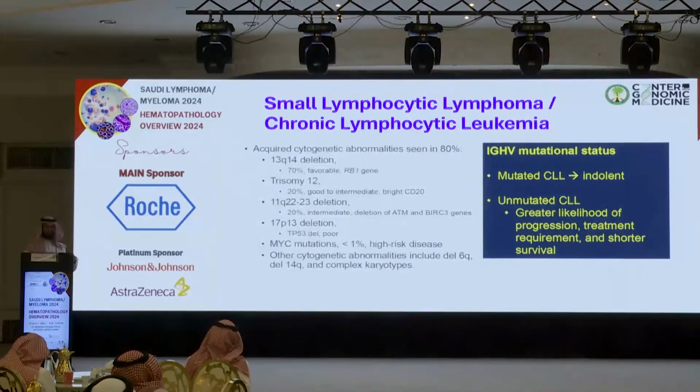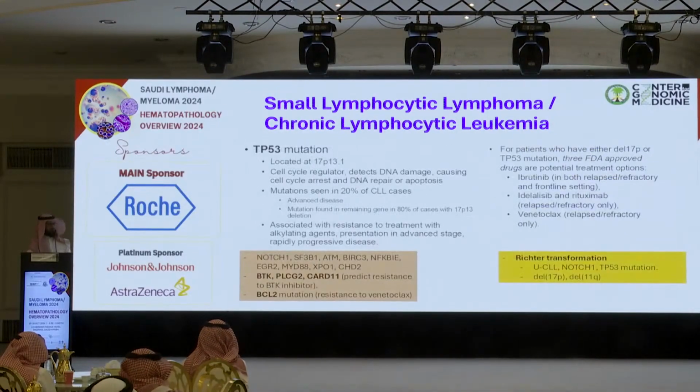If the score is 98 and above, this is unmutated CLL and likely associated with bad prognosis, and it will change the therapy. So the management for unmutated CLL is different from mutated CLL. Cases that are borderline, anything between 97 and 98, are considered unmutated, so similar to bad prognosis.